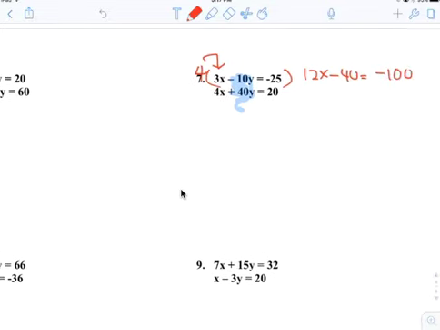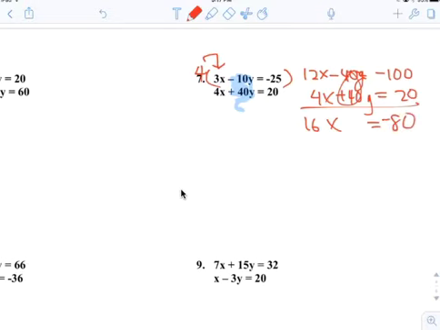Oh yeah, that's like our notes. 4x plus, forgot a y here, plus 40y equals 20. Gives you 16x, this is 0, equals -80. Divide by 16, divide by 16, x equals -5. And then you find y.